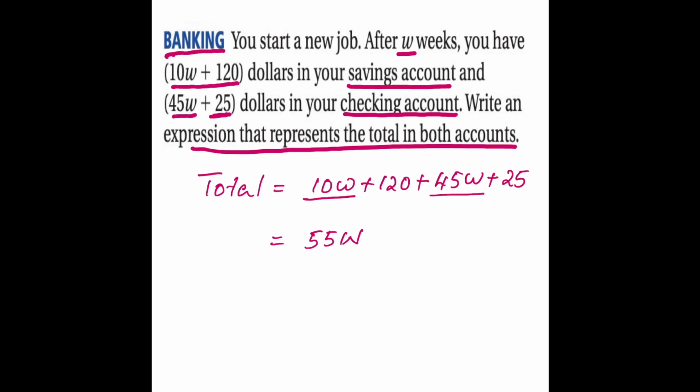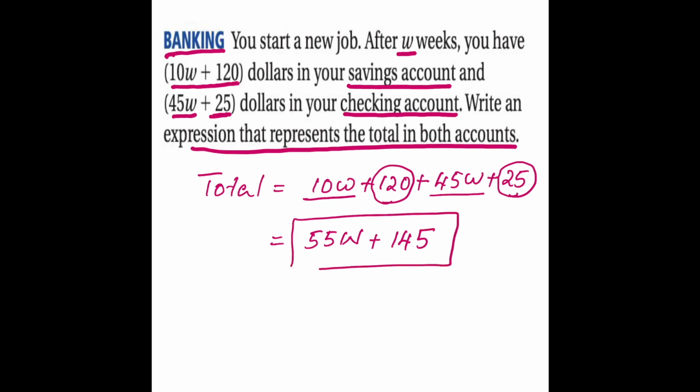That means every week $55 altogether goes into checking and savings accounts, plus 120 plus 25 that was there at the beginning. 120 plus 25 is 145.